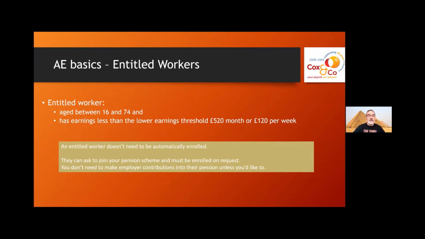So that's the three categories of workers that you come across throughout. And obviously an entitled worker can move to being a non-eligible job holder. A non-eligible job holder can move to being an eligible job holder, and it's always that top.